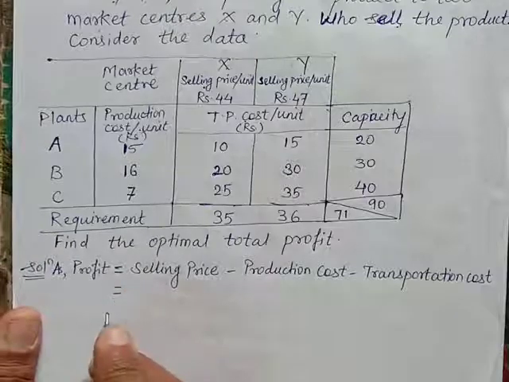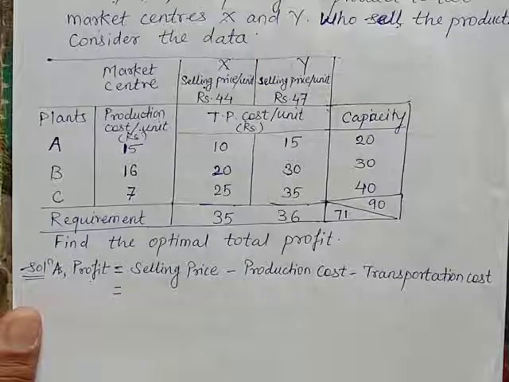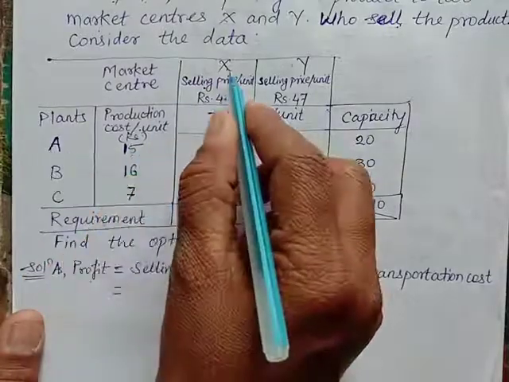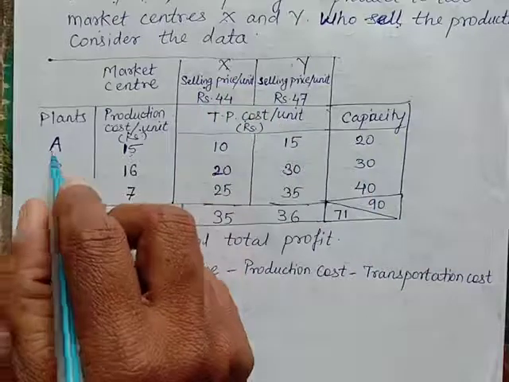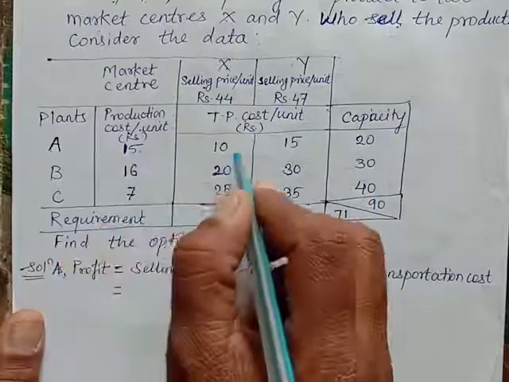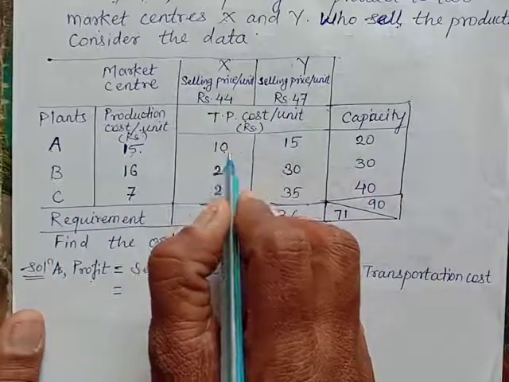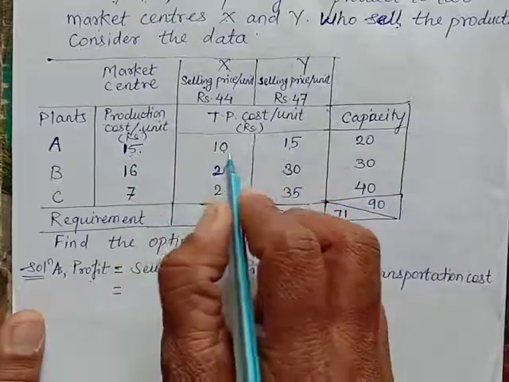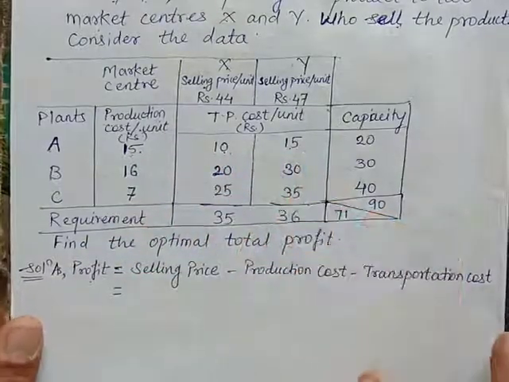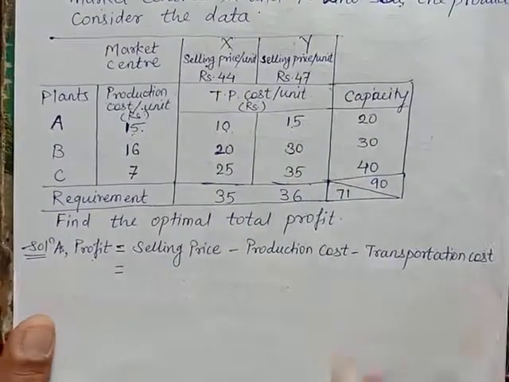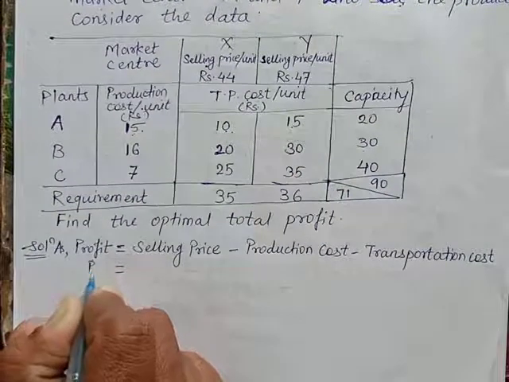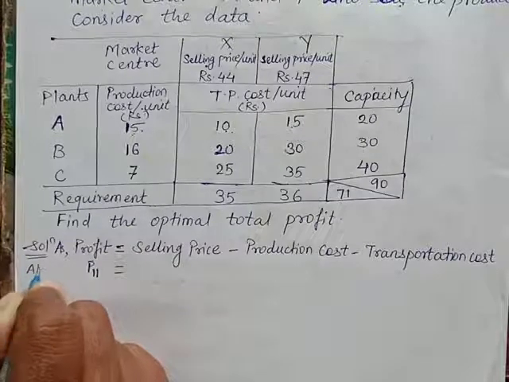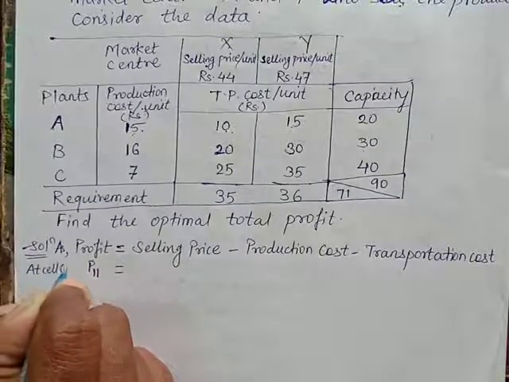Now for each and every cell we need to determine that. The production cost for plant A will be 15, and to transport to X it will be 10, but to transport to Y it will be 15. So let me find profit P11, or the profit at cell 11.